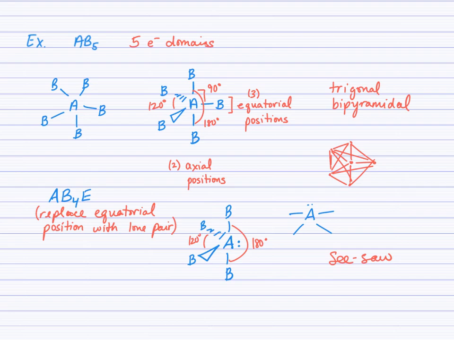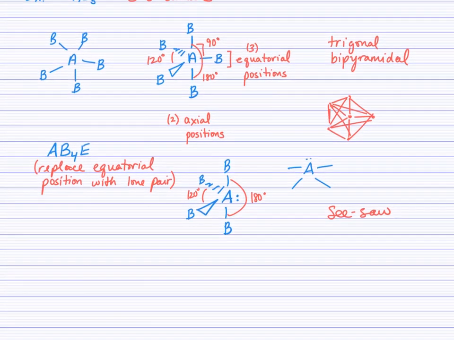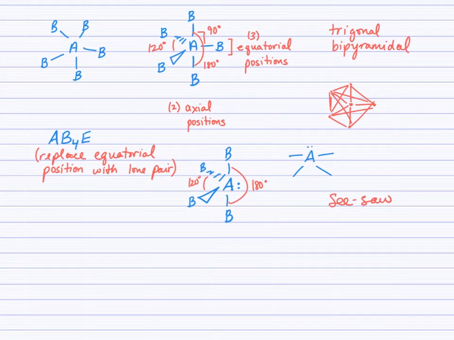Now, to continue with 5 electron domains, I'm trying to squeeze this in so you can still see the original structure with AB5. So now what if we were down to 3 bonded atoms and 2 lone pairs? So continuing to replace equatorial positions, I'm going to put the 3 bonded, so 2 in the axial, 1 in the equatorial that's in the same plane, and then it's the wedge and the receding that I will replace with the lone pairs.